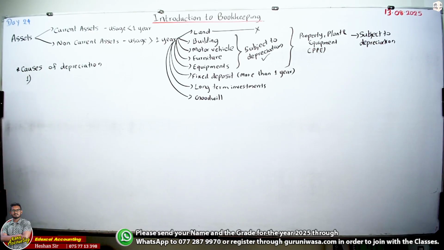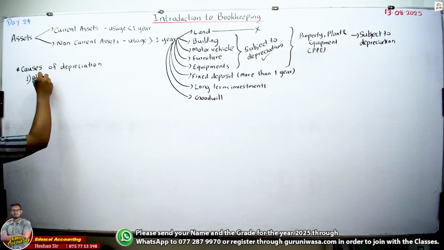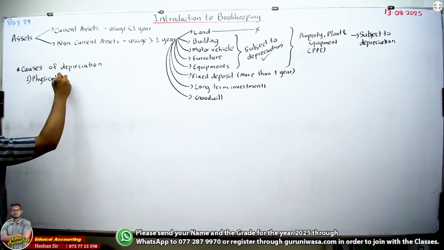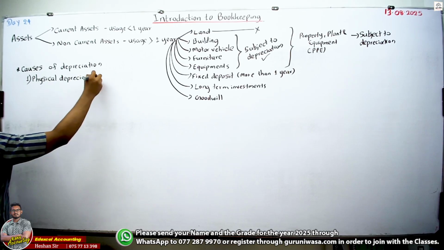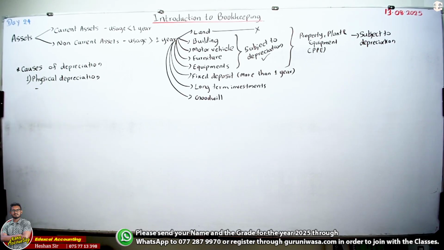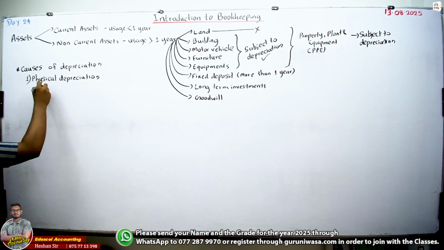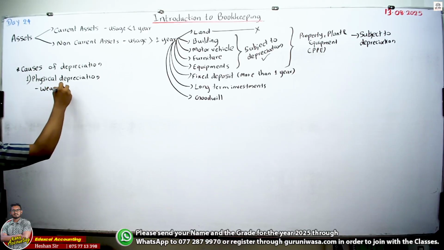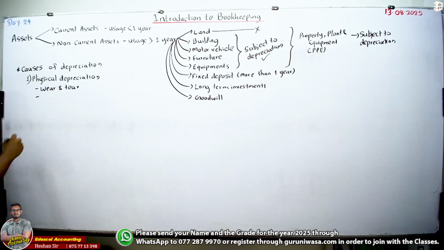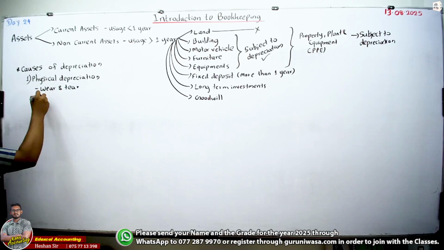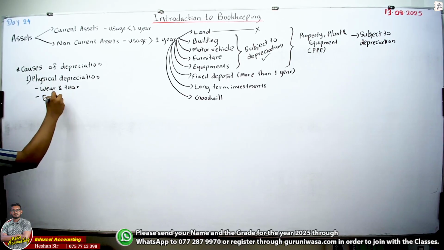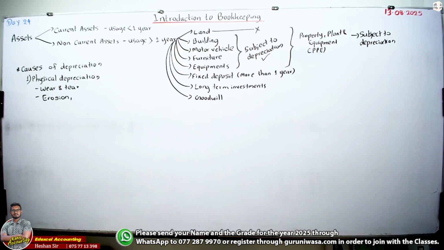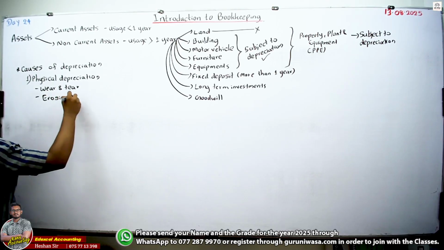Number one, physical depreciation: wear and tear. Just physical reasons for the depreciation.